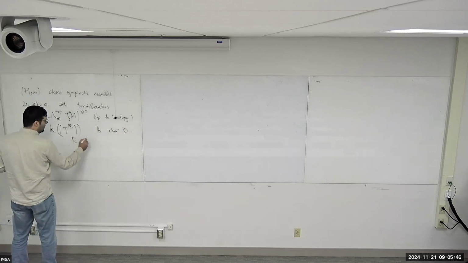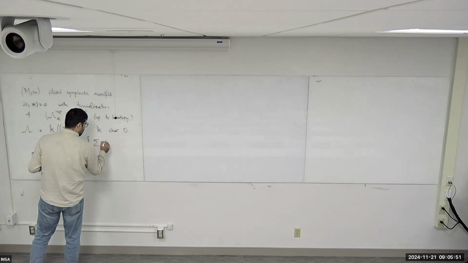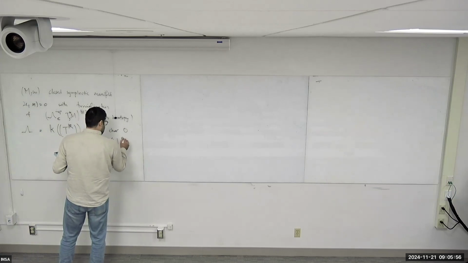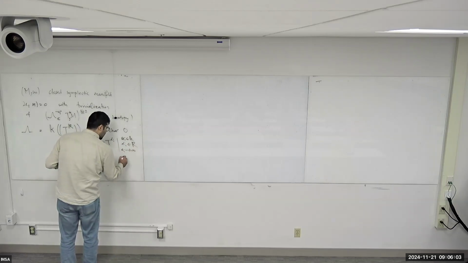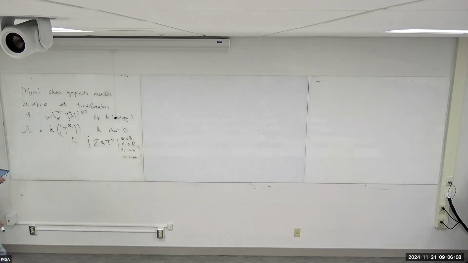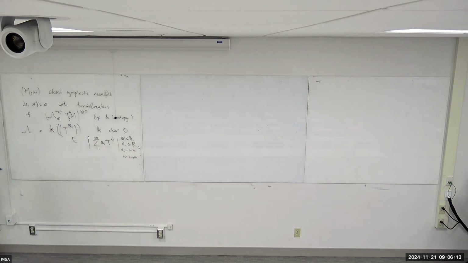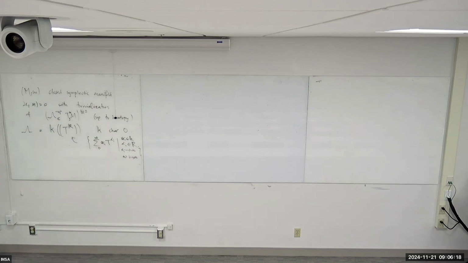So these are sums of a_i T to the alpha_i, with a_i in K, alpha_i real, and alpha_i goes to infinity as i goes to infinity. Maybe let's make this zero. Okay, so this is the Novikov field with one parameter and real exponents.